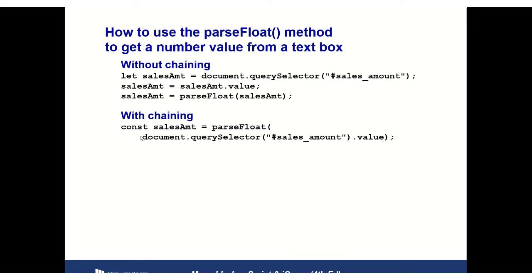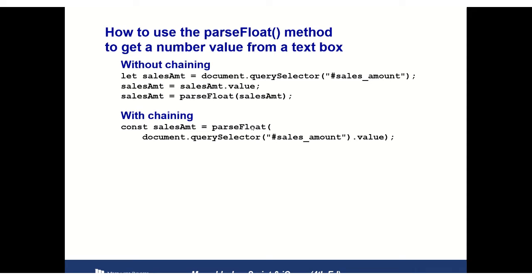Okay, so how to use the parse float method, we have done it already, but you can see here without chaining you can do it this way. You first define the sales amount with document dot query selector, go to the sales amount section, then define the sales amount as sales amount dot value, and then you do the parse float. But if you do the chaining, you can shortcut everything.